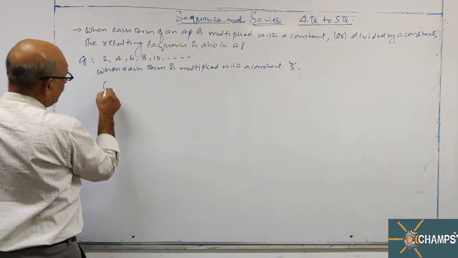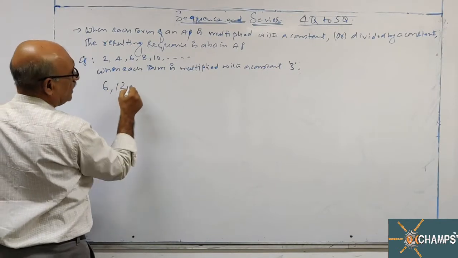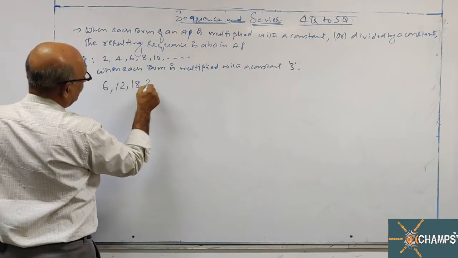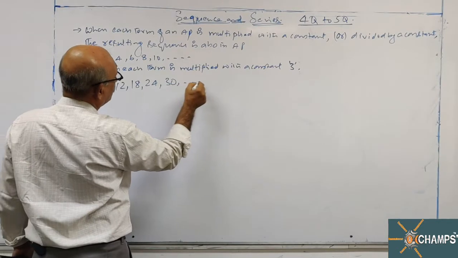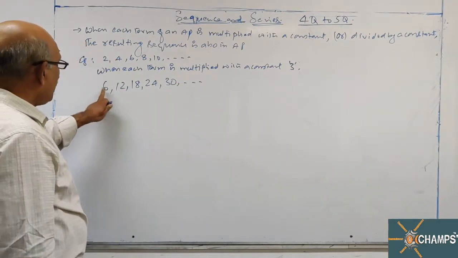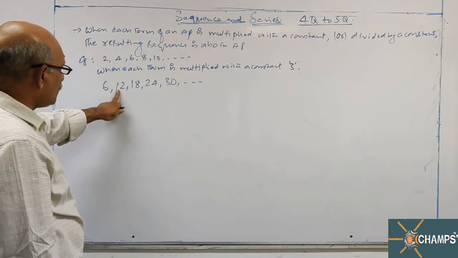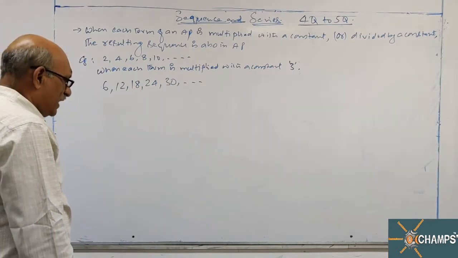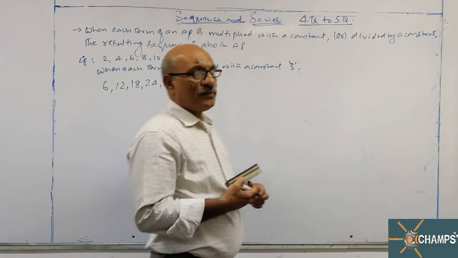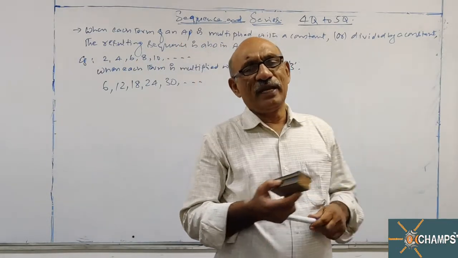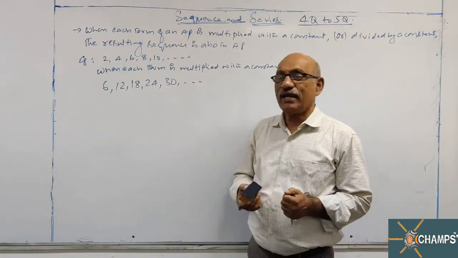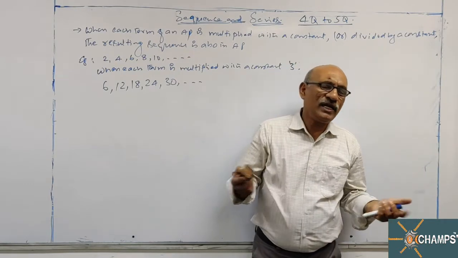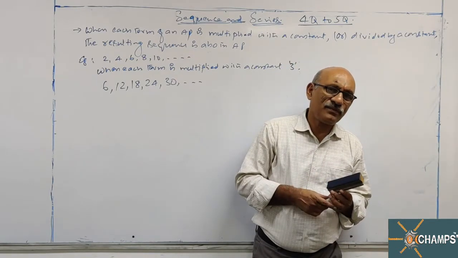So new series: 3 2s are 6, 4 3s are 12, 6 3s are 18, 24, 30, etc. 12 minus 6 is 6, 18 minus 12 is 6, 24 minus 18 is 6, 30 minus 24 is 6. Means when each term of an arithmetic progression is multiplied with a constant, the resulting sequence is also in AP.